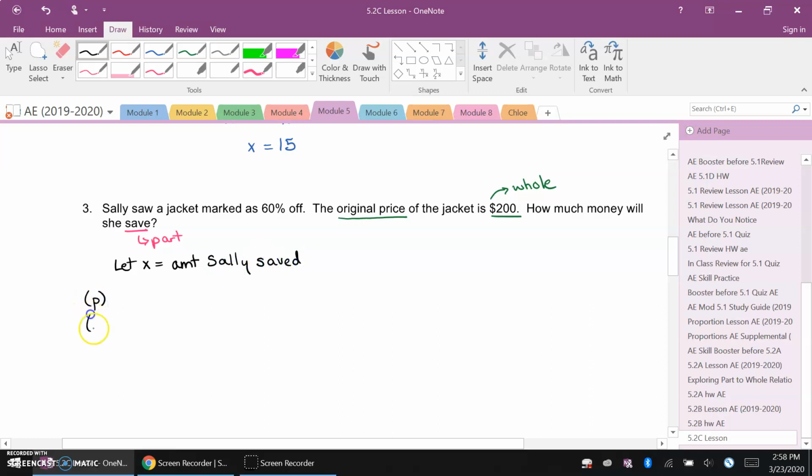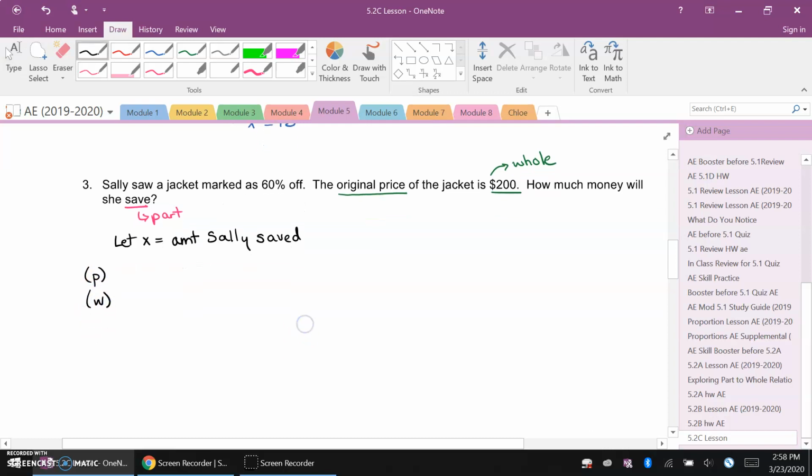So just like we have our part to whole, we are going to have the money saved over the original price. The more specific you are with your word ratio, the easier it's going to be to fill it in.